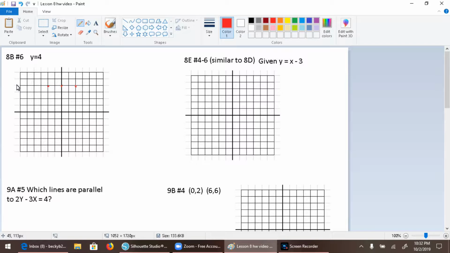So it means that we have a line that will go through all of these, y equals 4, should be right on that line, no matter what x is equal to. So this is a horizontal line. The slope of a horizontal line is 0, and our y-intercept is 4 right here. So it's 4.